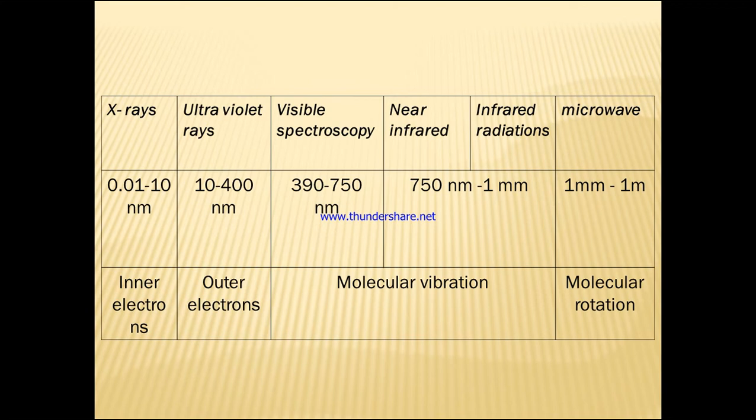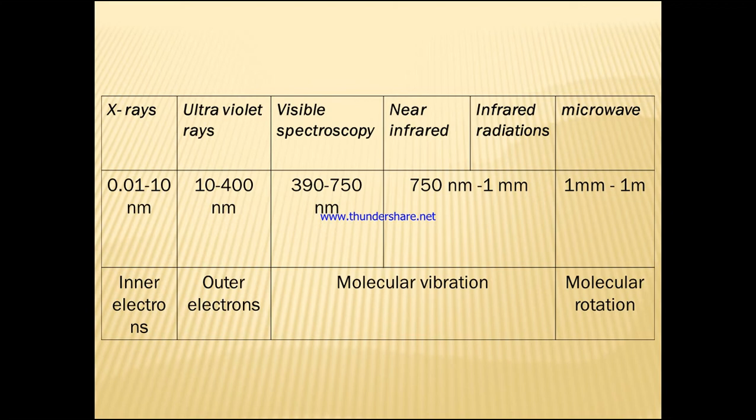X-ray has 0.01 to 10 nanometer, ultraviolet rays have 10 to 400 nanometer, visual spectroscopy has 390 to 750, then near infrared or infrared radiation has 750 nanometer to 1 mm, and microwave is 1 mm to 1 meter.